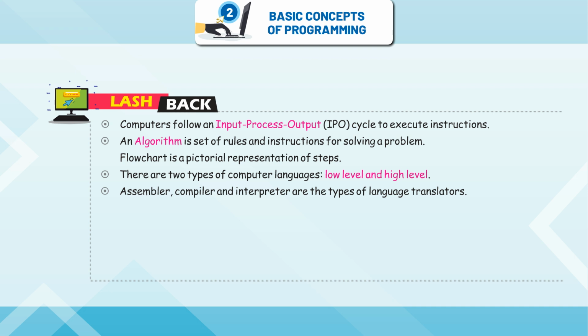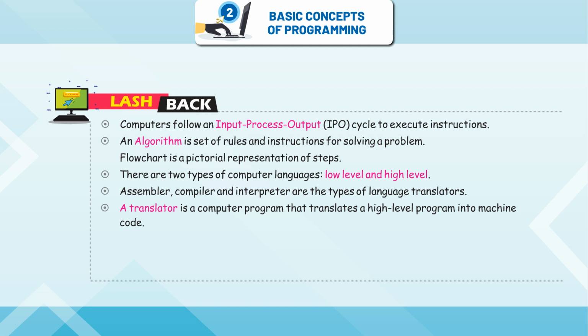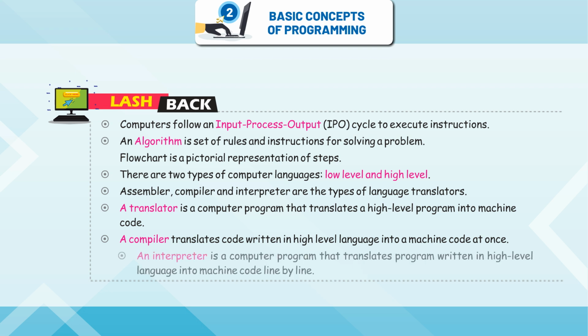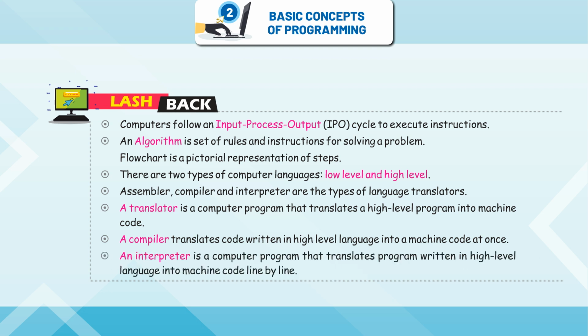Assembler, compiler, and interpreter are the types of language translators. A translator is a computer program that translates a high-level program into machine code. A compiler translates code written in high-level language into machine code at once. An interpreter is a computer program that translates program written in high-level language into machine code line by line.